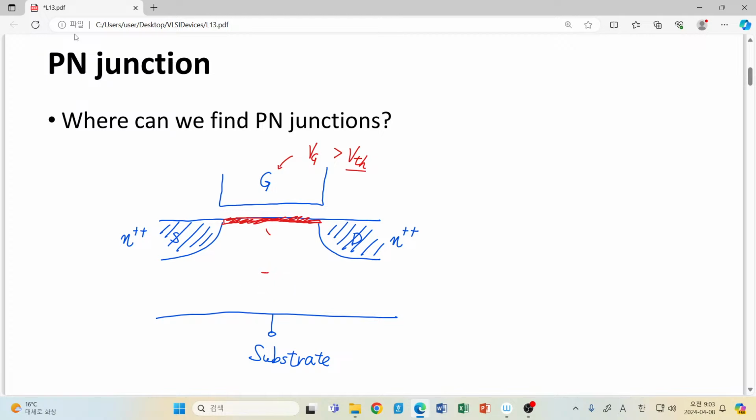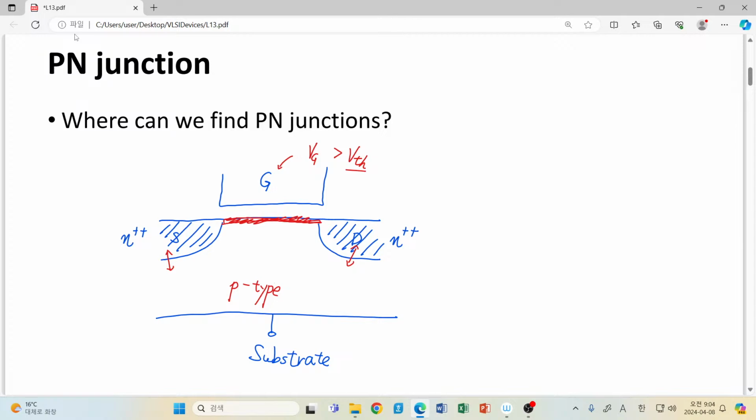Then where can you find the PN junction? Since the substrate is typically implemented with a p-type substrate, you can see that here there exist PN junctions. Please think about this PN junction.